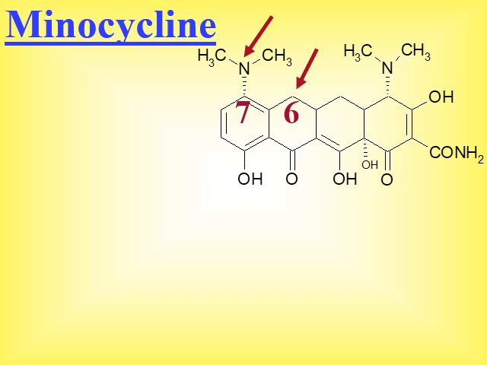So it is stable towards acid and bases because it has no hydroxyl group at position number 6. It has excellent blood level when taken orally because of its lipophilicity, and it has long action, so it is taken once daily.